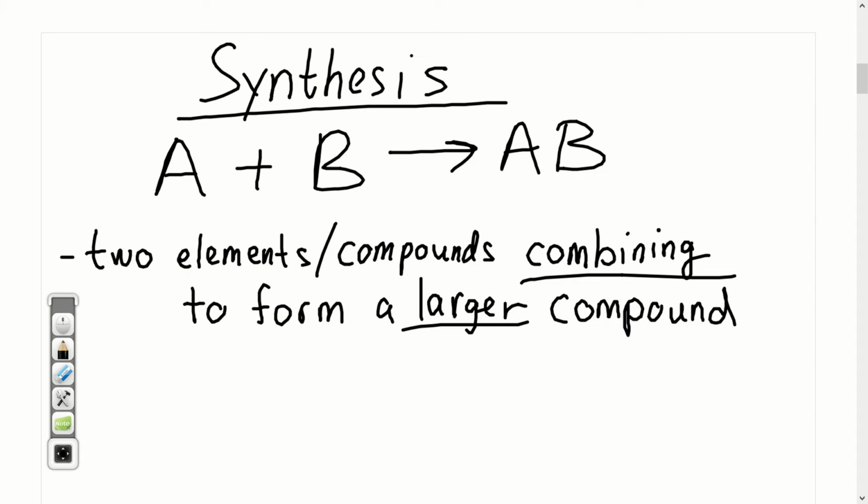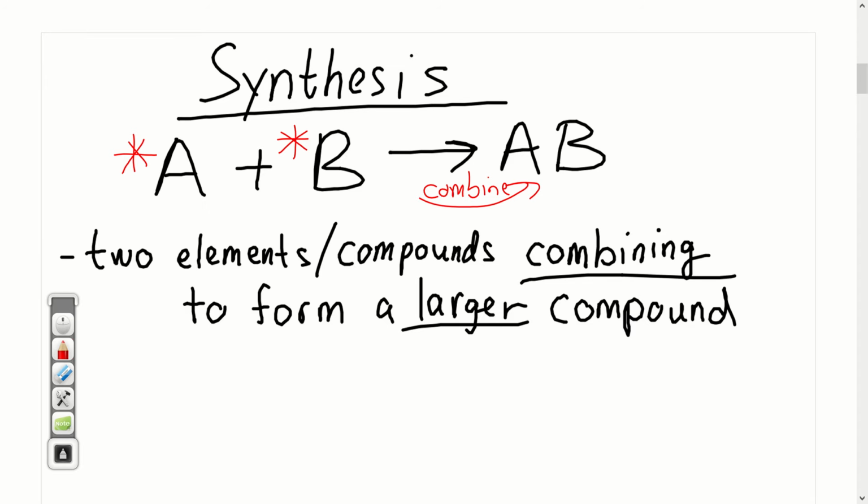The way I'm going to show each of these reactions is using the letters A and B or X and Y and stuff like that, where these can be any elements you want. And then this is what's happening to those elements. So in synthesis I basically have 2 elements that are separate as reactants that then combine to form a larger product.